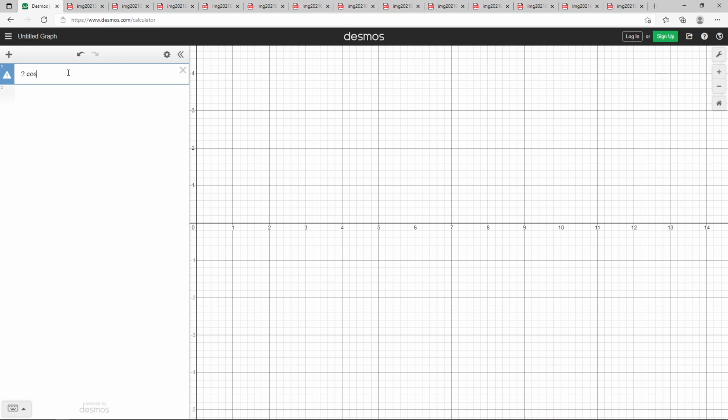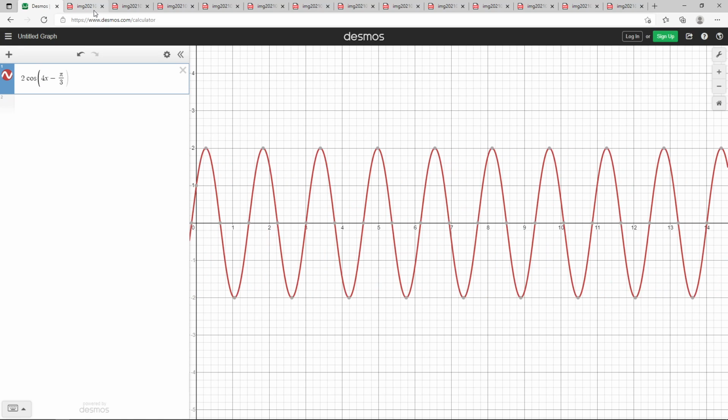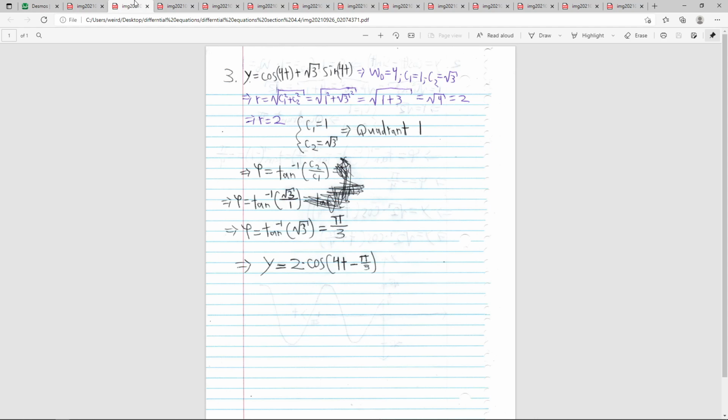You can see differences no matter what, with all these different ones.